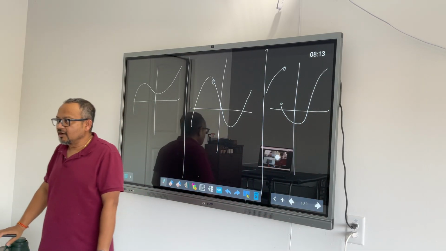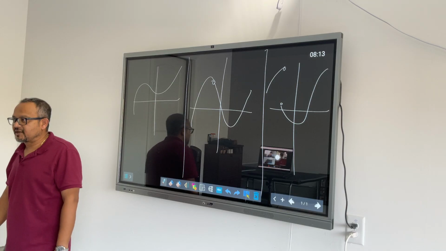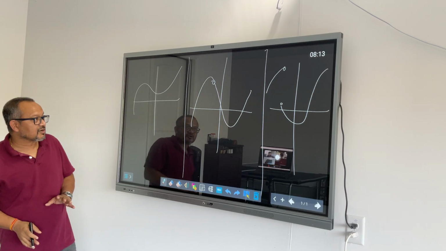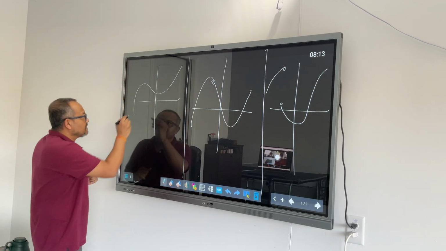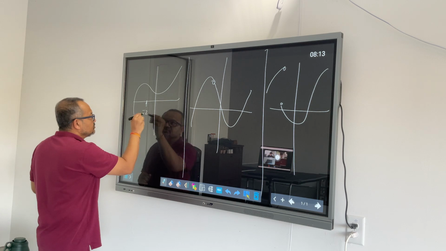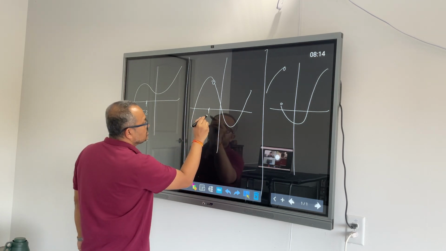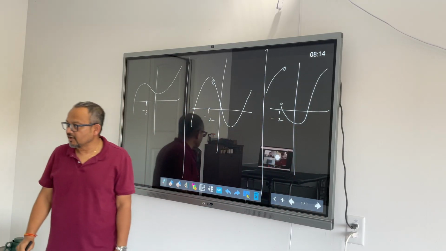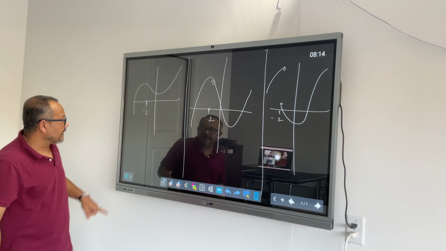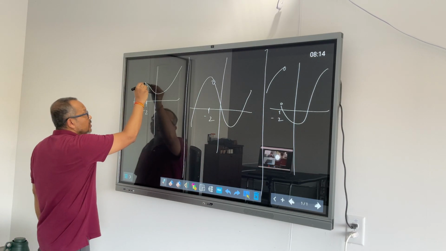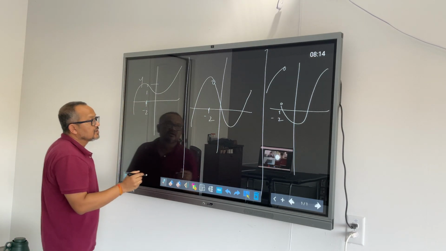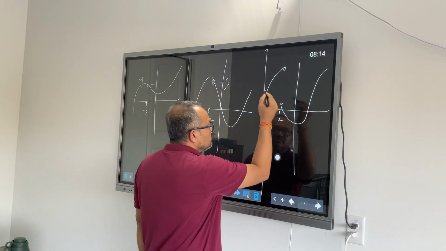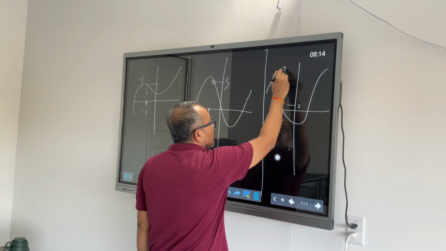Now that's why people say a picture speaks 1,000 words. This picture would start giving you some clue. In this case, let's say this is minus 2, this is also minus 2, and this is also minus 2. This point is, let's say 4, this point is 5, this point is 2, and this point is 7.